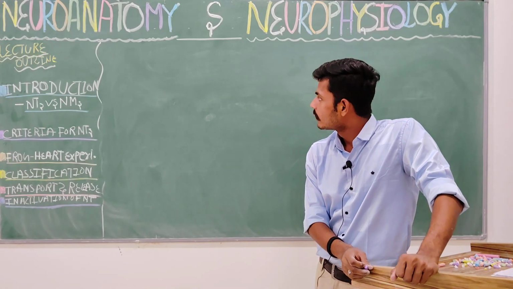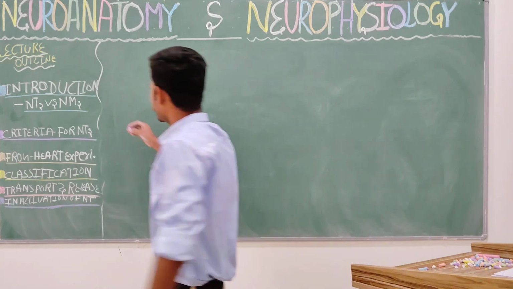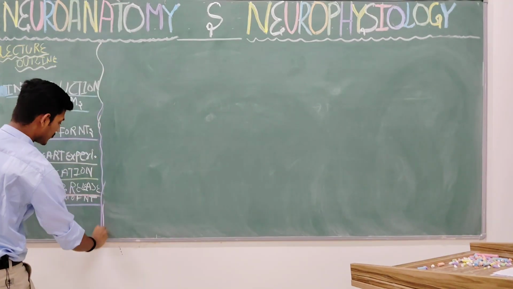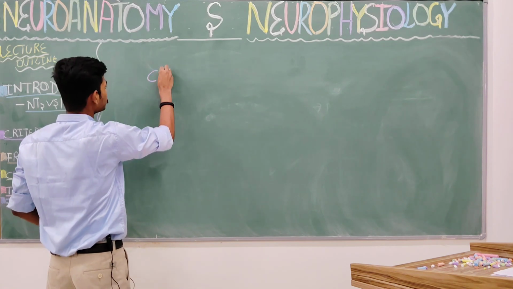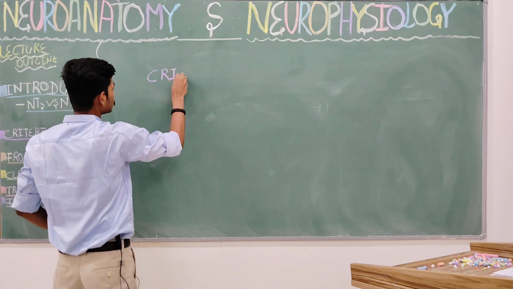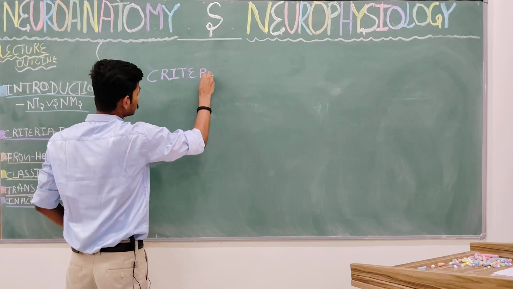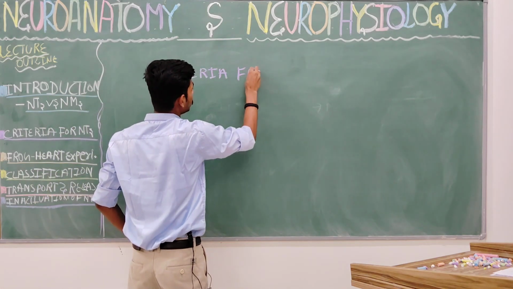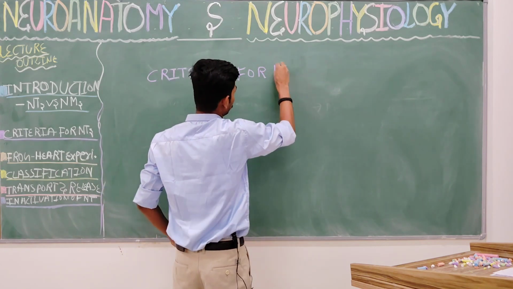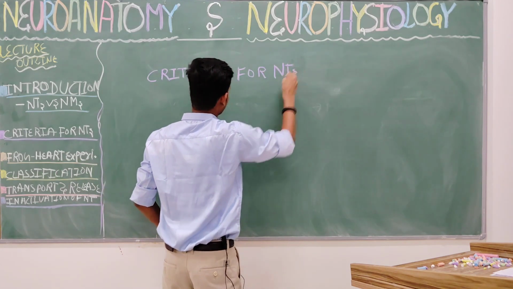So we are going to discuss those criteria. Write down the heading: Criteria for neurotransmitter. I am writing neurotransmitter as NTs in short form.